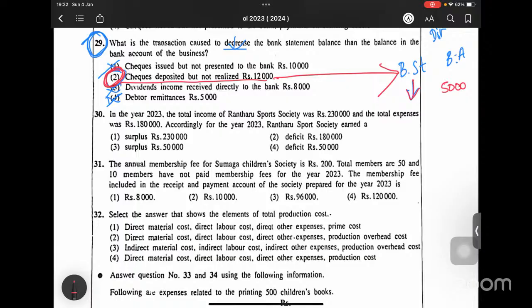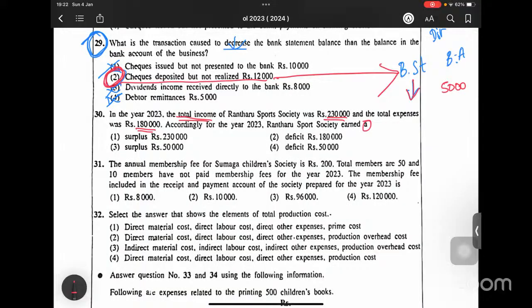In the year 2023, the total income of Ruhuna Sports Society was 230,000 and the total expense was 180,000. Accordingly, for the year 2023, Ruhuna Sports Society earned a... Okay, this is a very easy question.